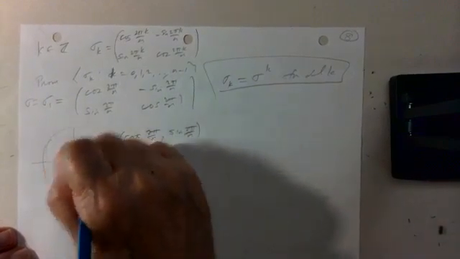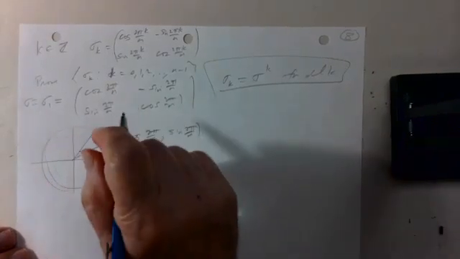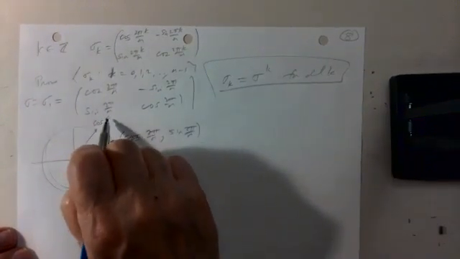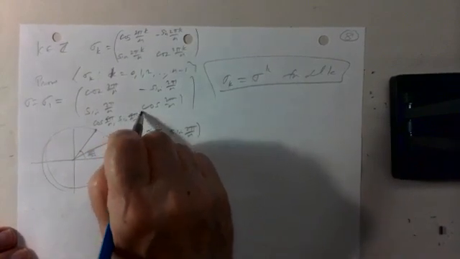If I go another 2 pi over n, this point will have coordinates cosine of 4 pi over n, sine of 4 pi over n.